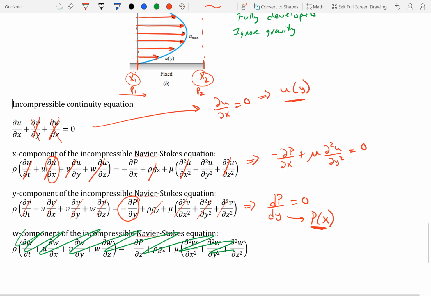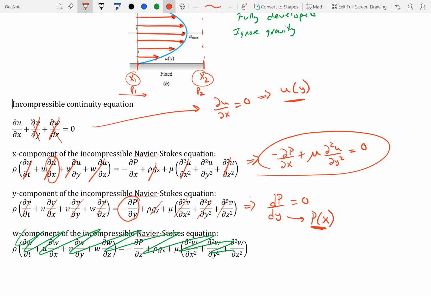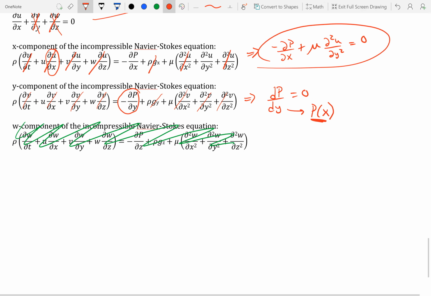All right, so based on the x component of the Navier-Stokes right here, we're going to solve that differential equation and solve for u.